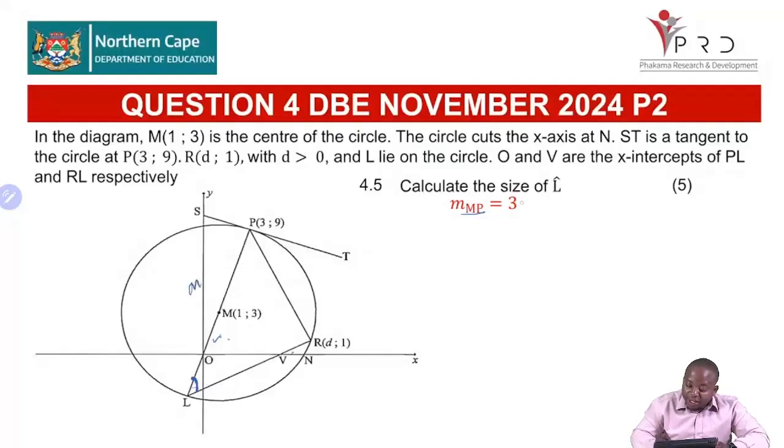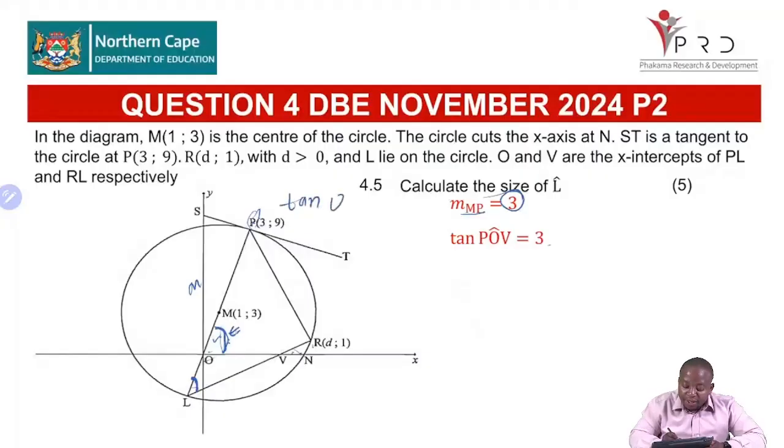The gradient of MP was 3. Then to find this angle right here, I'm going to say tan theta, which is that angle, is equal to 3. So this is the formula that says tan theta equals m.